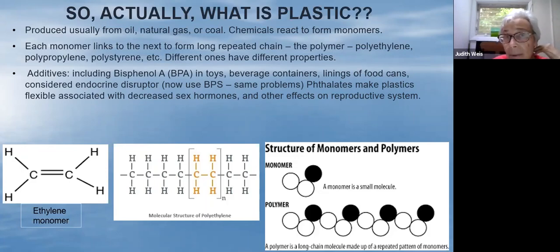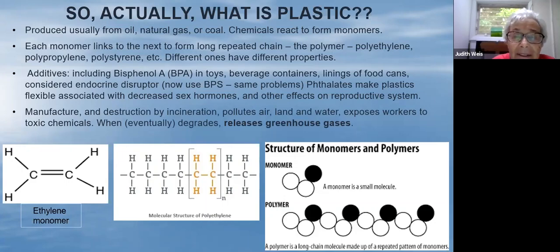This chemical is notoriously known as an endocrine disruptor. So they stopped using it and substituted another one, BPS, but it turns out BPS has the same problems. Other additives include phthalates, which make the plastic more flexible, but also have effects on the reproductive system. Phthalates is what you have when you have the so-called new car smell. It's because the phthalates are in the upholstery of the seats of the automobile.